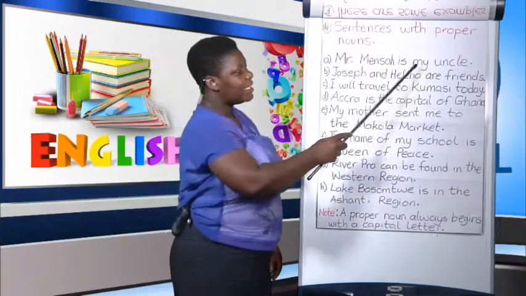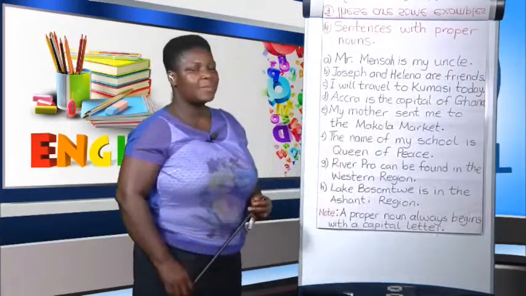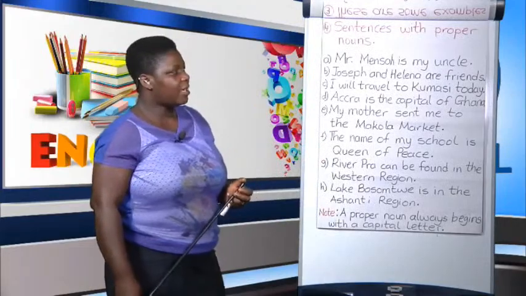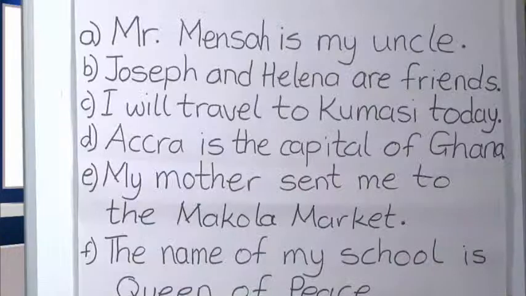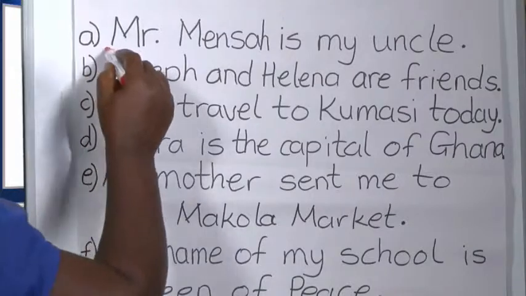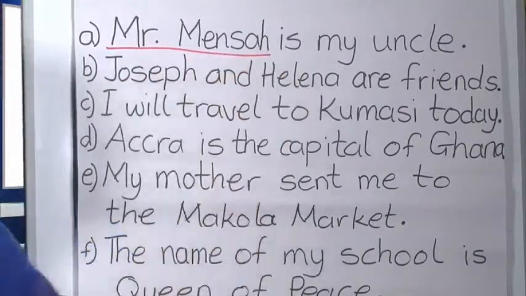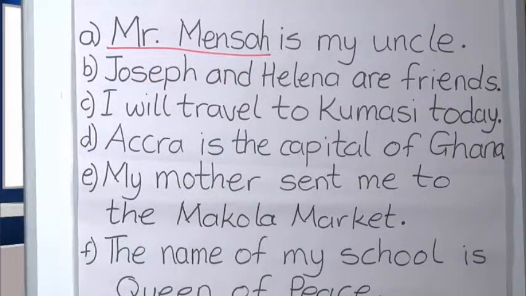Mr. Mensah is my uncle. Now take your time and look for the proper noun in this sentence. I hope your answer is Mr. Mensah. Mr. Mensah is the proper noun in this sentence.